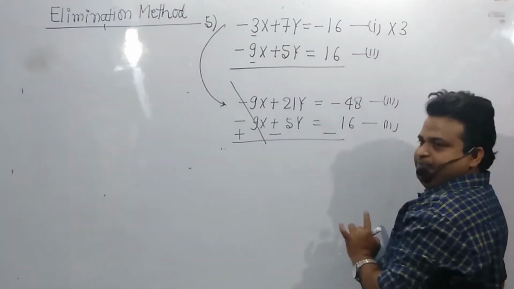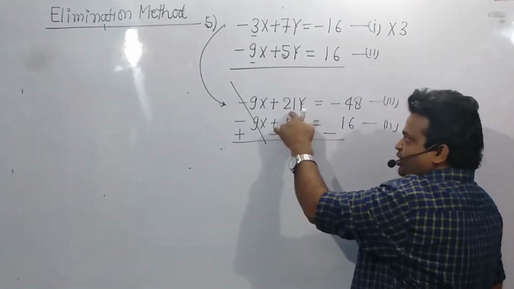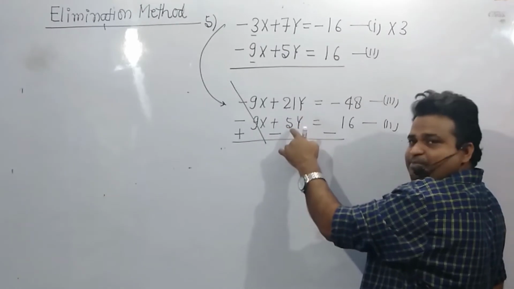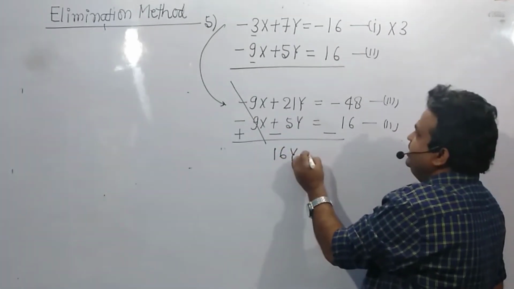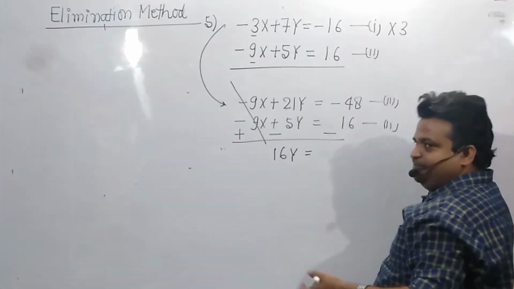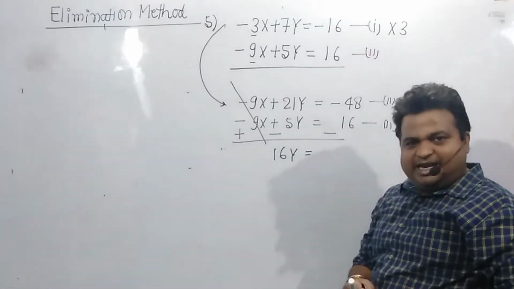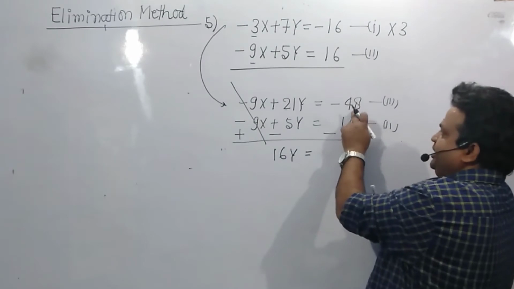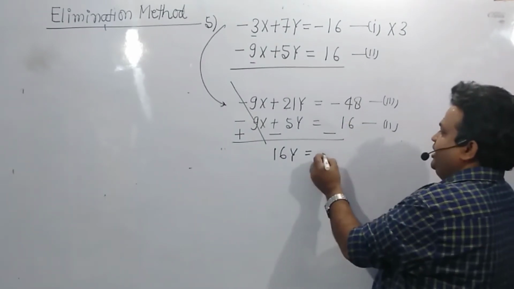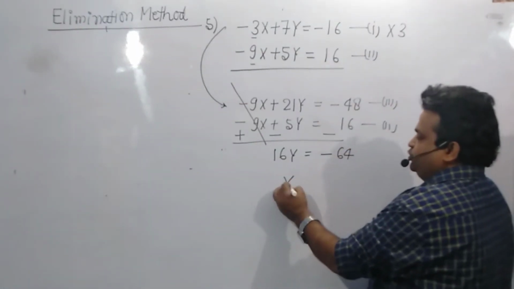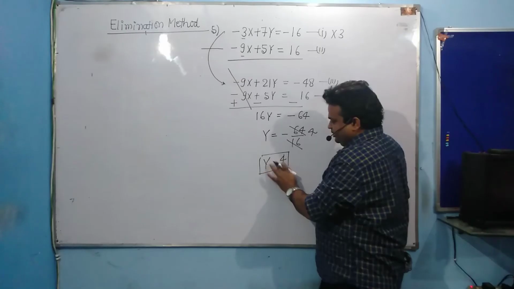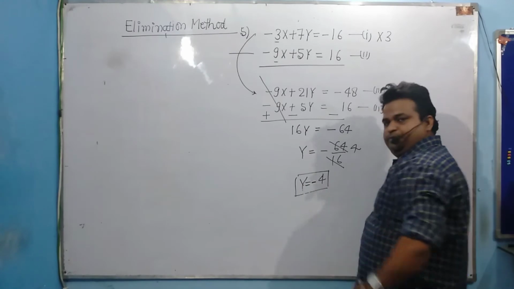Eliminate x from the equation. Now 21 and 5, 21 with positive sign, 5 with negative sign. So 21 minus 5 comes 16y is equal to minus 48 minus 16. Since both have the same sign, the addition is going to happen. So here 48 plus 16, you will get minus 64. So what is the value of y? Minus sign, 64 divided by 16, minus 4.